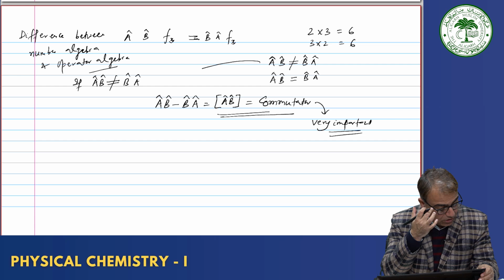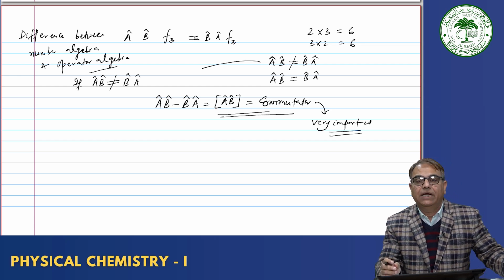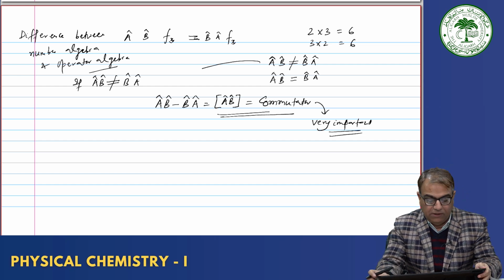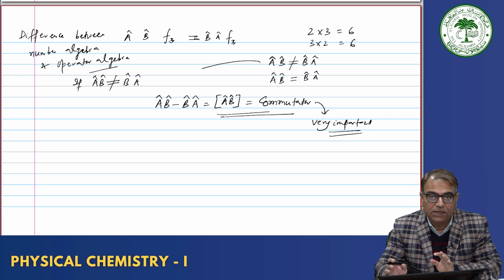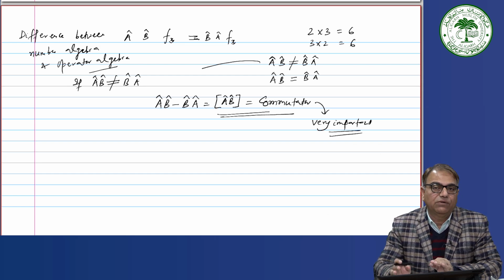So these are the laws of operator algebra in general. We talked about the square of an operator, the cube of an operator, the multiplication, and the commutators of an algebra.